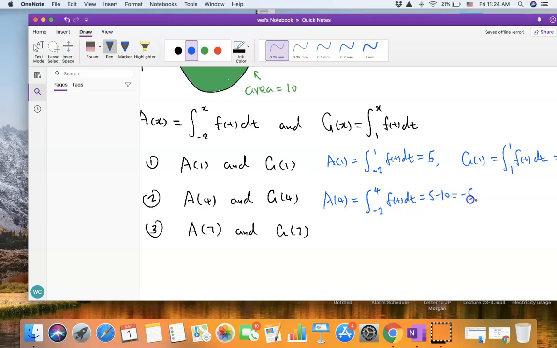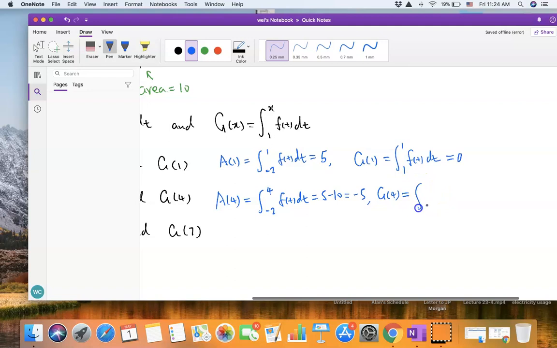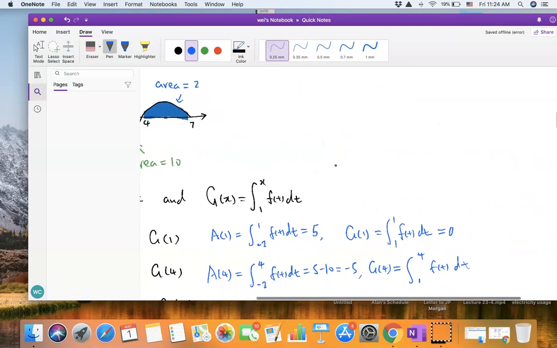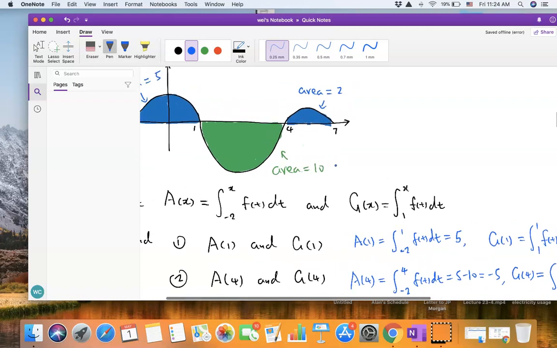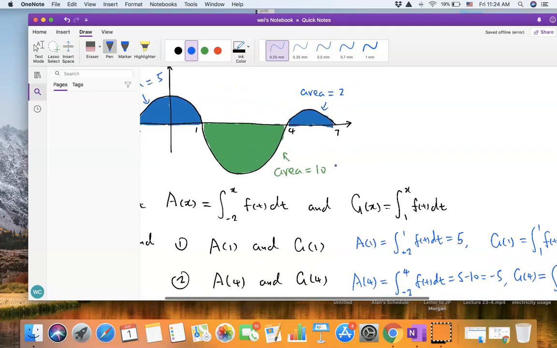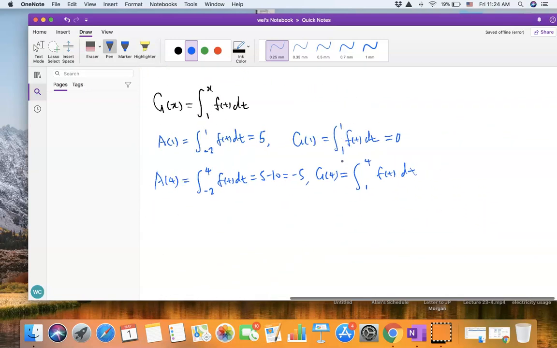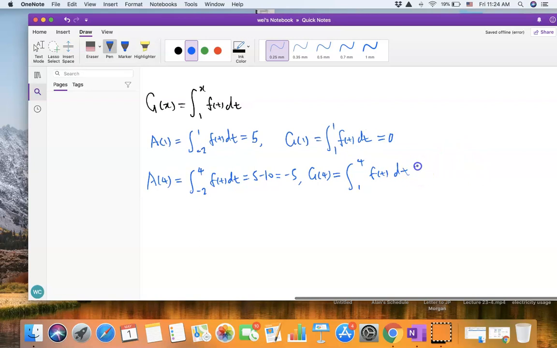And G of 4 is equal to the integral from 1 to 4 of f of t dt. So the net area from 1 to 4 equals negative 10.